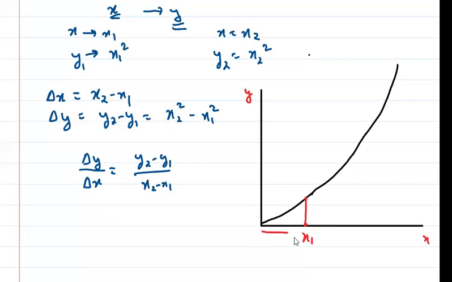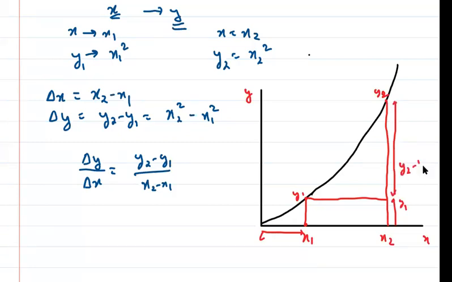This distance is x1, and this distance is y1. In the same way, take this point x2, and this is y2. Right? So what we are trying to find, tell me what we are trying to find. Change. So this is y2 and this is y1. So this distance is nothing but y2 minus y1. Yes or no? Step by step. And this distance is nothing but x2 minus x1.